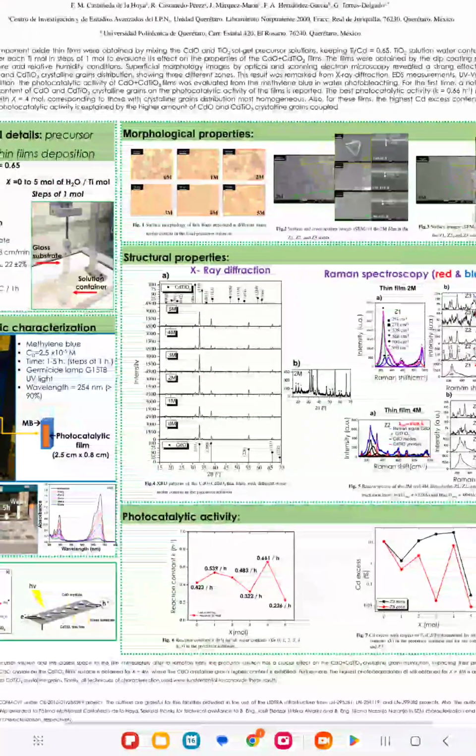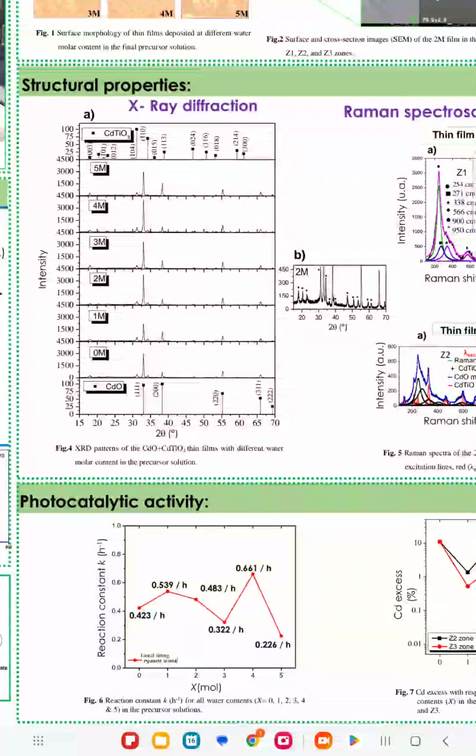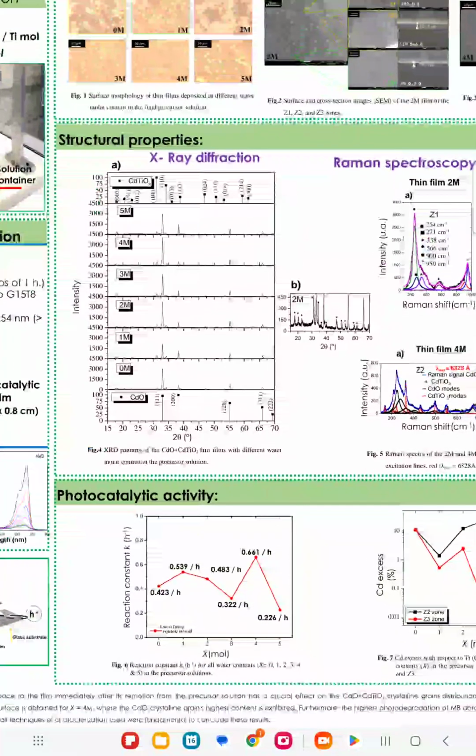For the photocatalytic activity, in figure 6, I show you the reaction constant for all water content in the precursor solution.